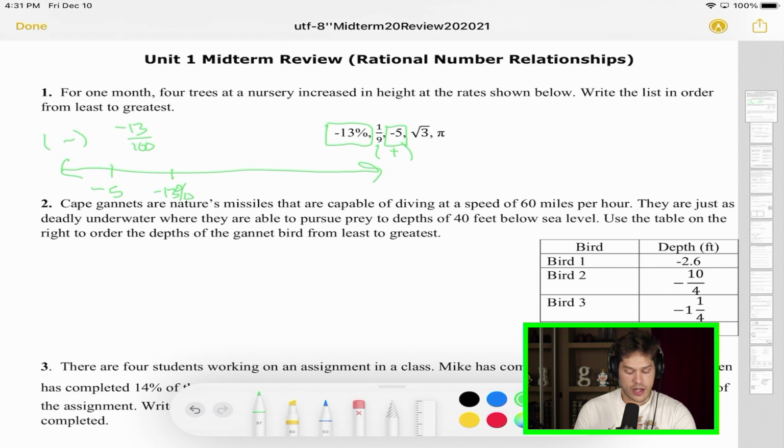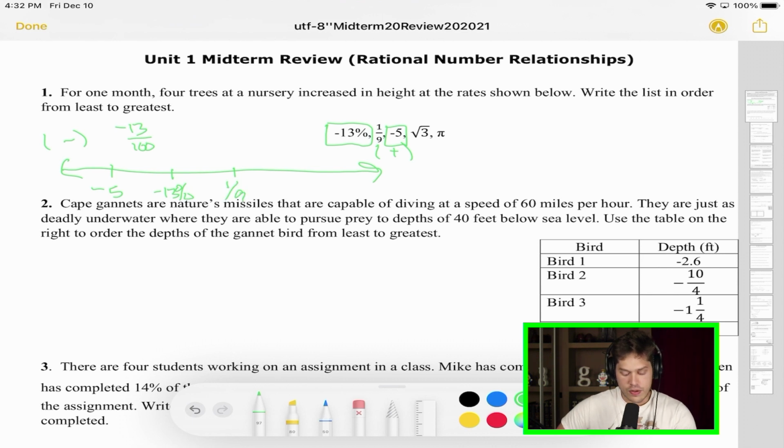And then what are our next numbers? We have 1/9, square root of 3, and pi. And 1/9, well, this is a fraction that is greater than 0 but less than 1.